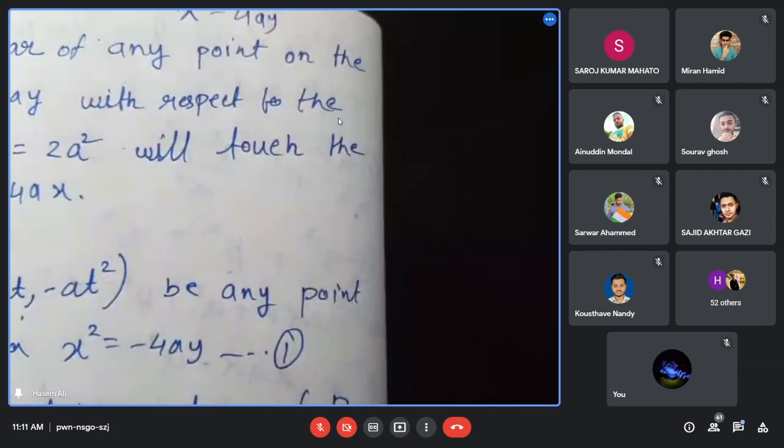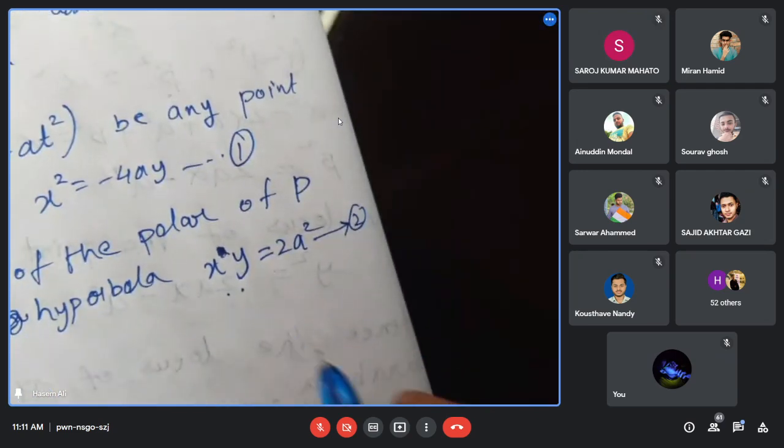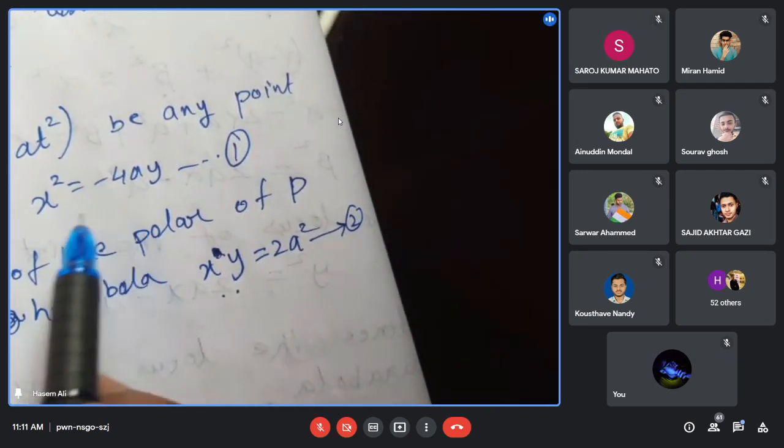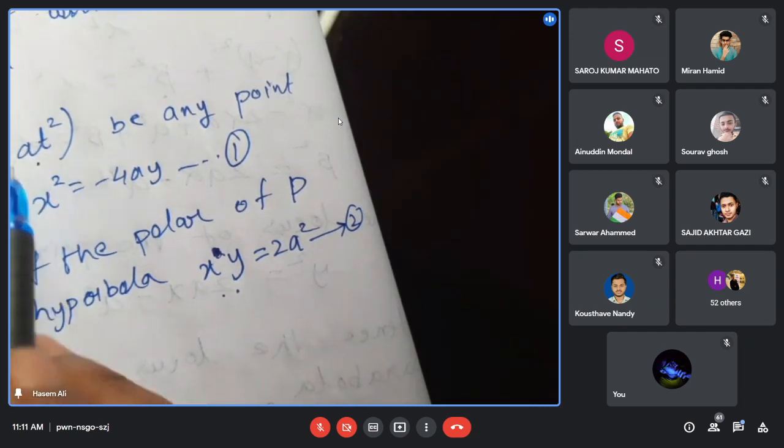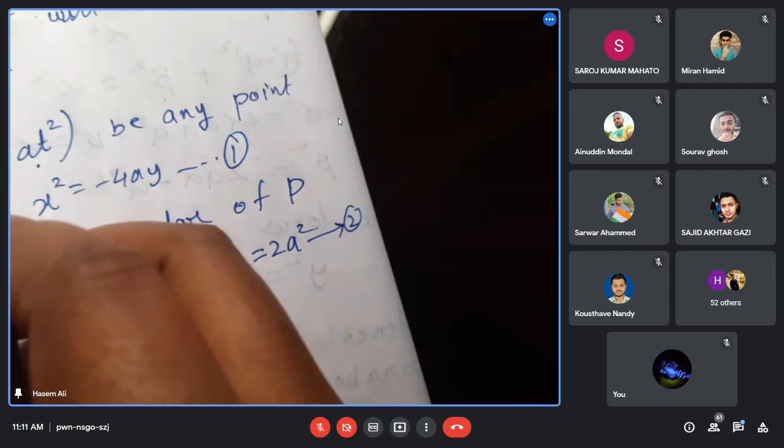Okay, so here the point is 2at, minus at square. So this is our x1 and this is our y1.